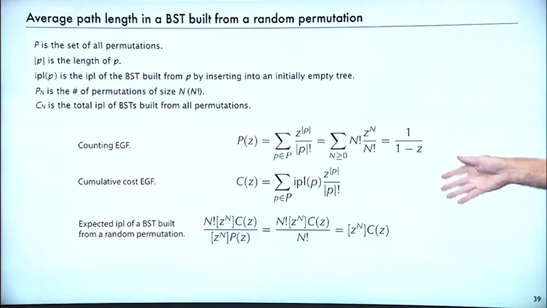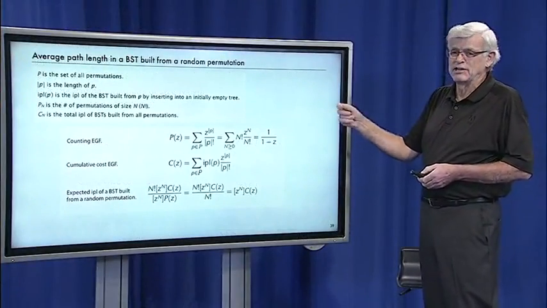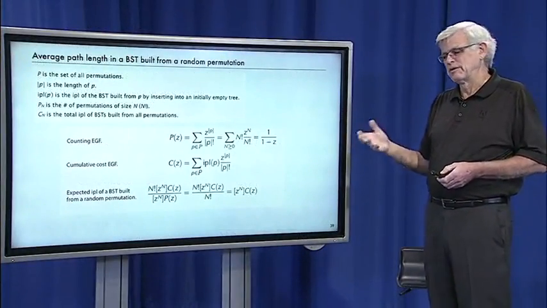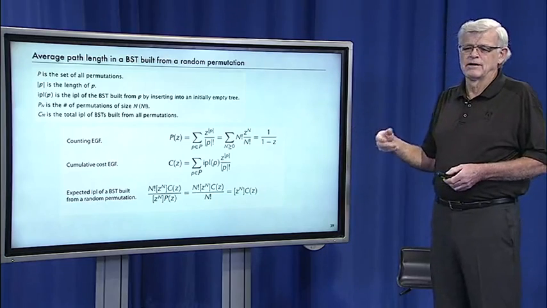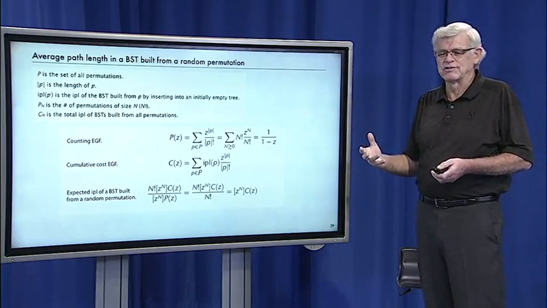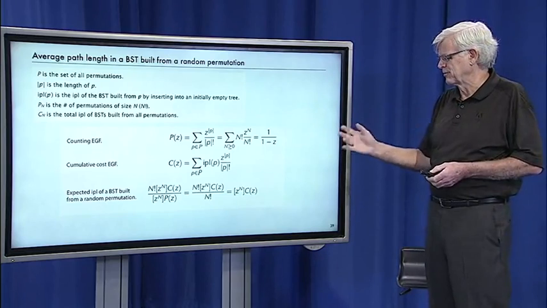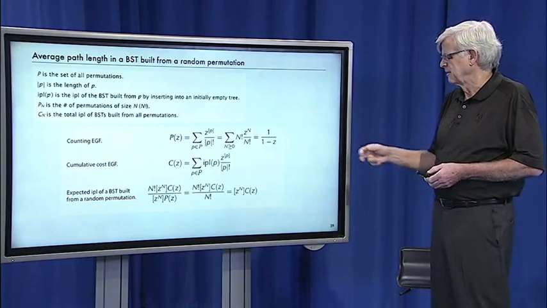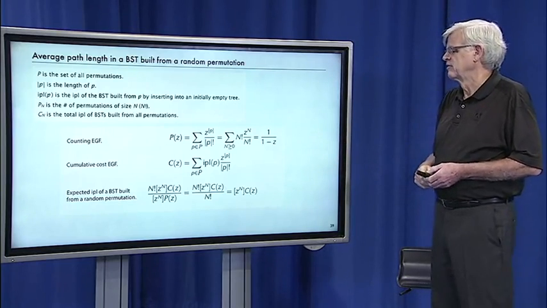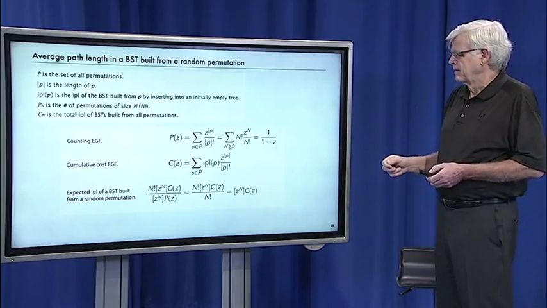So treating it as an exponential generating function gives us the divide by n factorial for free. It's just a little calculation trick because we're using exponential generating functions, which means that we divide by n factorial. But our probability space is permutations, so we want to divide by n factorial. So it serves both purposes and saves us the step of dividing. We just look for the coefficient of z to the n in C of z.